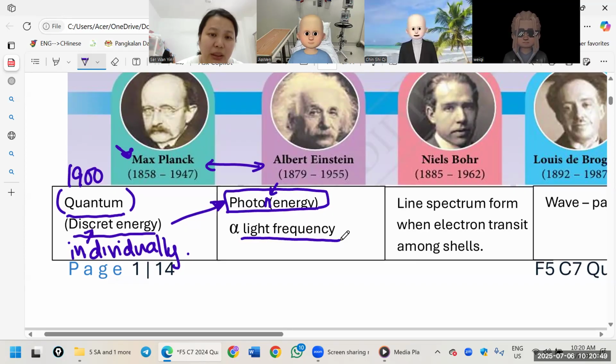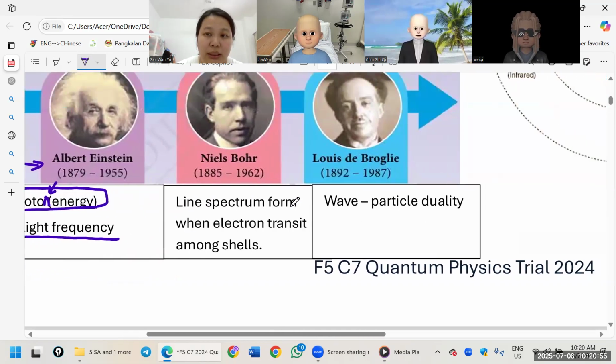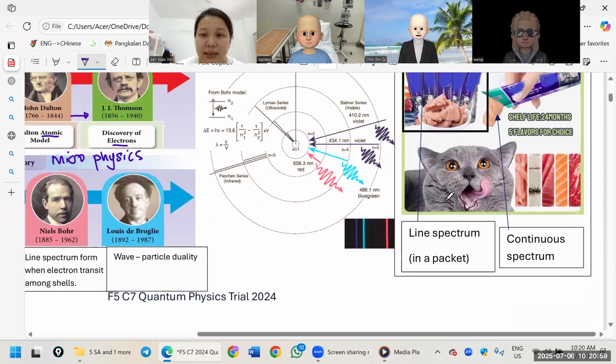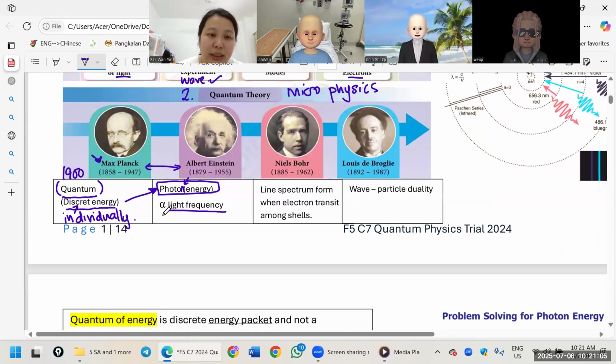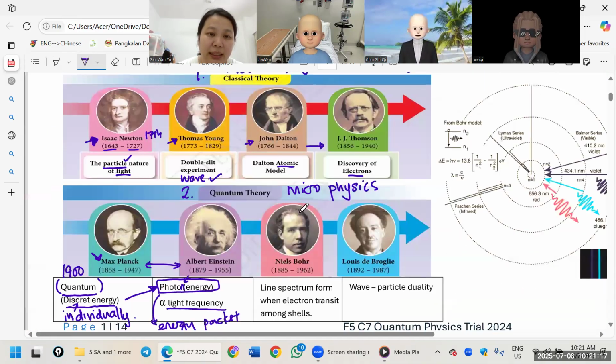Photon energy, you can remember it as an energy packet. Photon energy is an energy packet. This light spectrum is a photon energy packet.